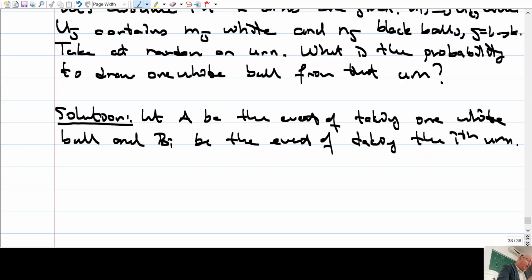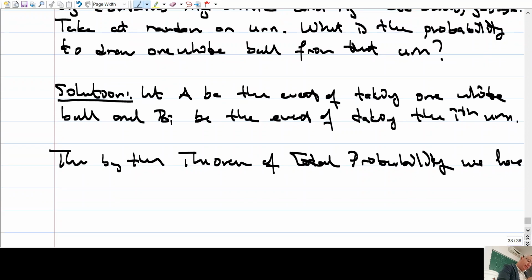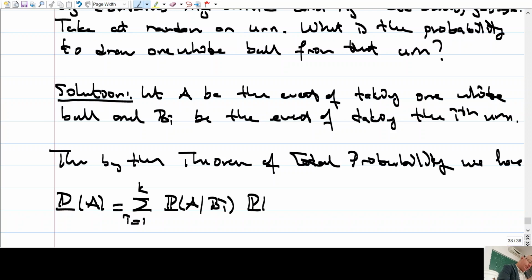Then by the theorem of total probability, we have the following. The probability of A is just the sum from 1 up to k of the conditional probability of A given Bi times the probability of Bi.